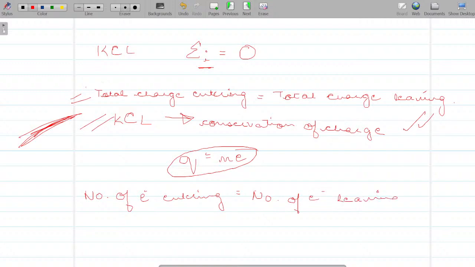So it is just another way of defining KCL. At max, you can probably be asked in a 1 mark or 2 mark question, or just for your knowledge, you need to understand that KCL holds the law of conservation of charge, right? So the total electrons entering would also be equal to the total electrons leaving. Okay?